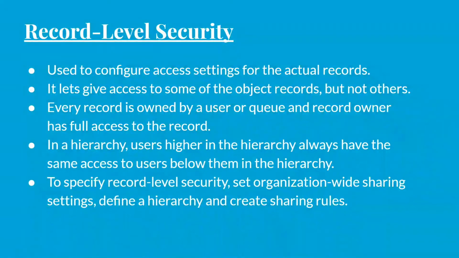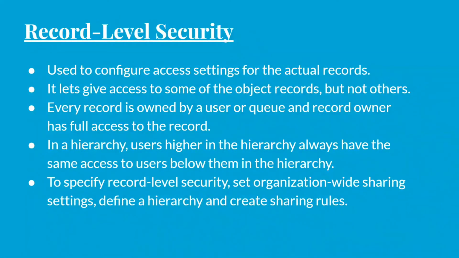To specify record level security, set organization wide sharing settings, define a hierarchy, and create sharing rules. When you use this record level security, the owners will have full access to their own records. But the record level security comes into the picture when you are talking about someone else's record which you don't have full access to by default, so what kind of access you want to have to others' records will be defined using record level security.